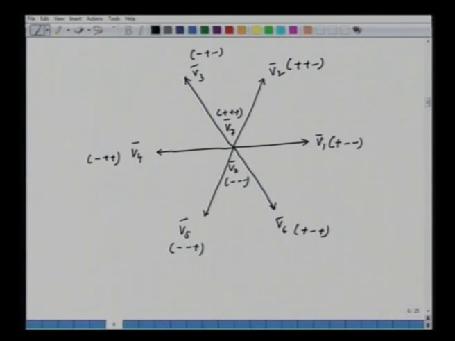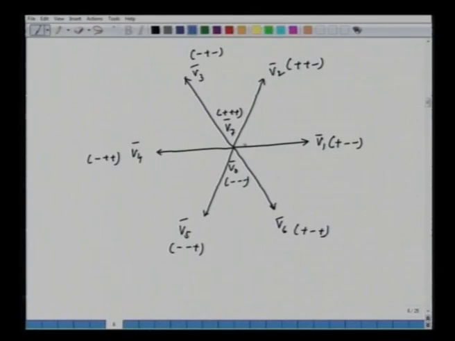In space we can have 8 possible voltage vectors, and we can divide the whole space into 6 different sectors, each with a 30-degree angle offset.